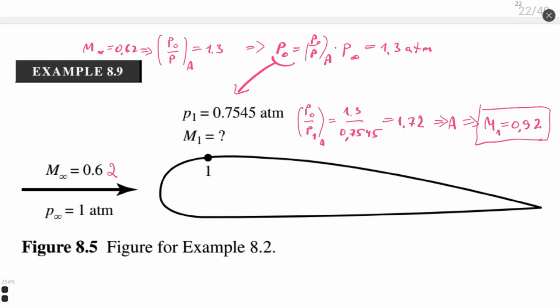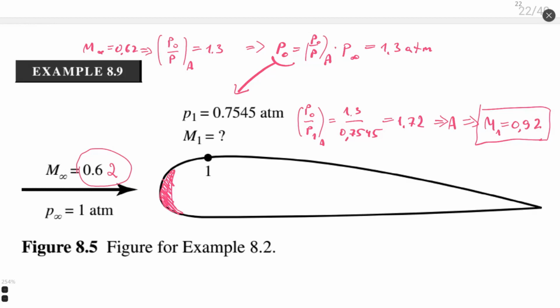In which case we have different solutions? For example, if Mach number is very high, M infinite could have enough energy to reach supersonic velocity on the surface of the airfoil. And if we also have a region of deceleration here on the leading edge of our airfoil, we have a region where velocity is smaller than infinite velocity.